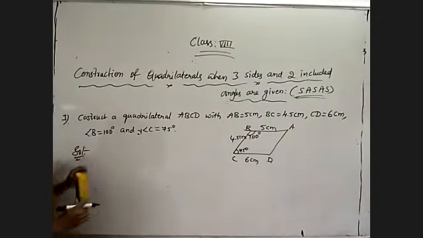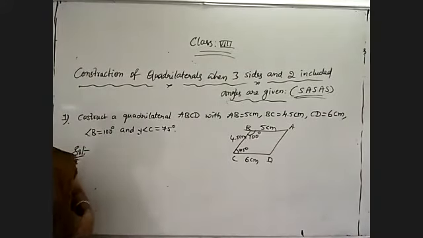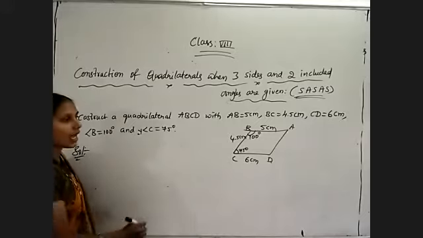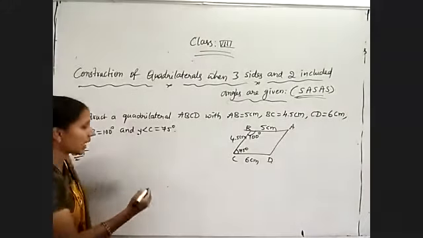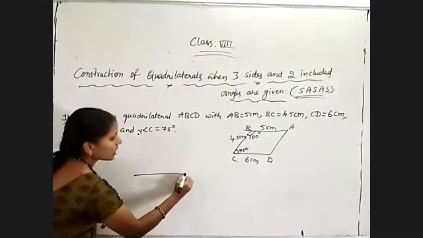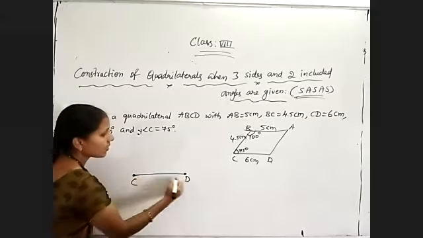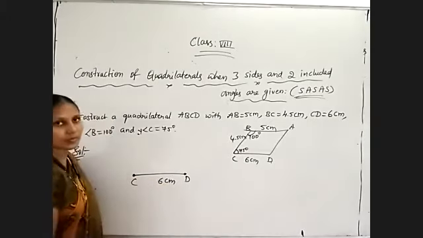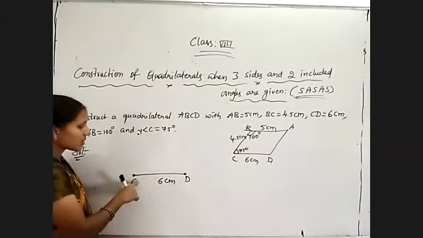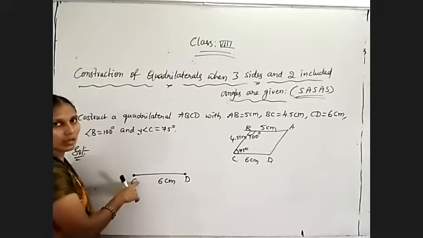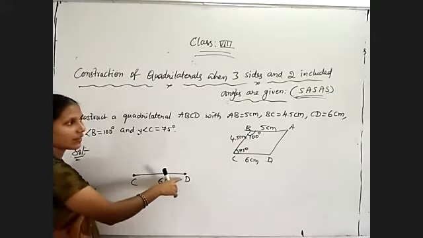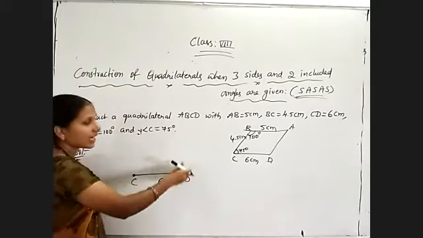Now in that figure I have chosen CD as the base. So take CD as the base and construct CD of 6 centimeters using the scale. Now construct angle C, because we don't have angle D, and side AD also we don't have.